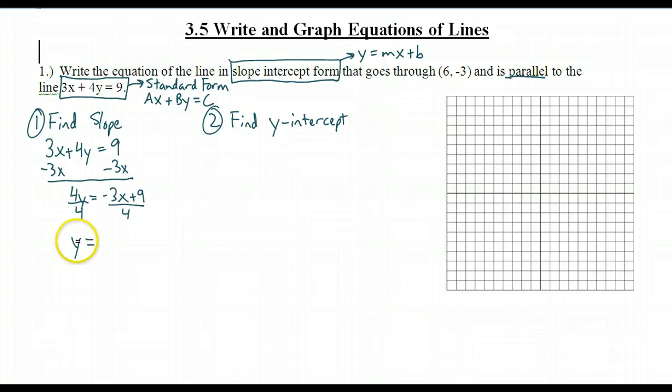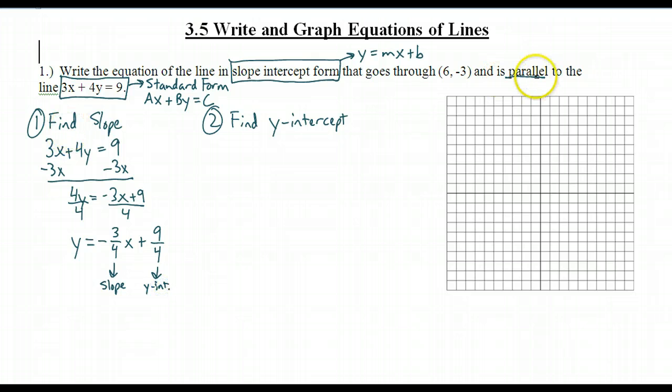So I'm left with y equals negative 3 divided by 4 is negative 3/4 x plus 9 divided by 4, 9/4. So this line is this line in slope-intercept form, where negative 3/4 is my slope and 9/4 is my y-intercept.